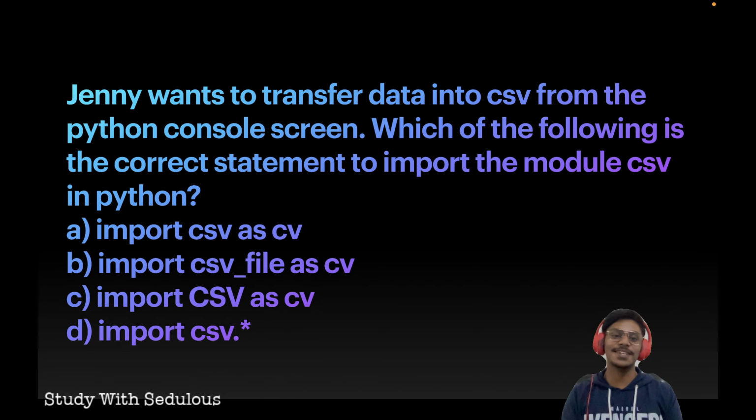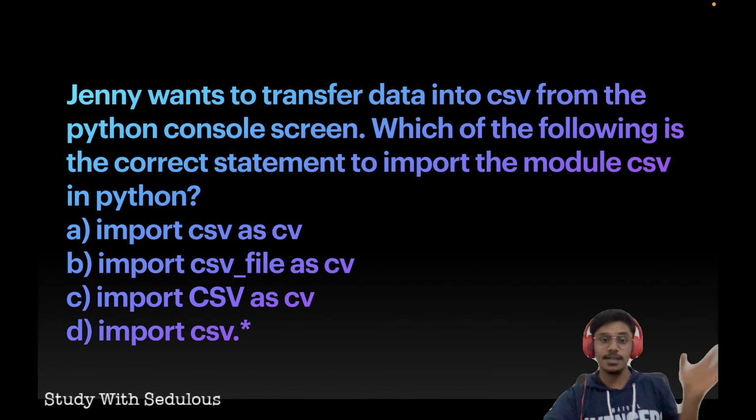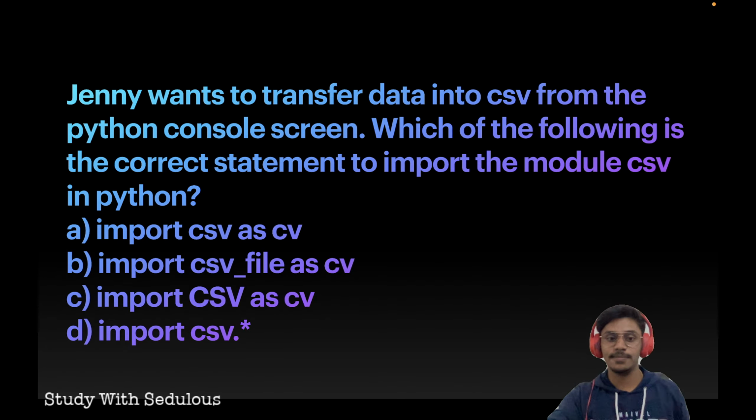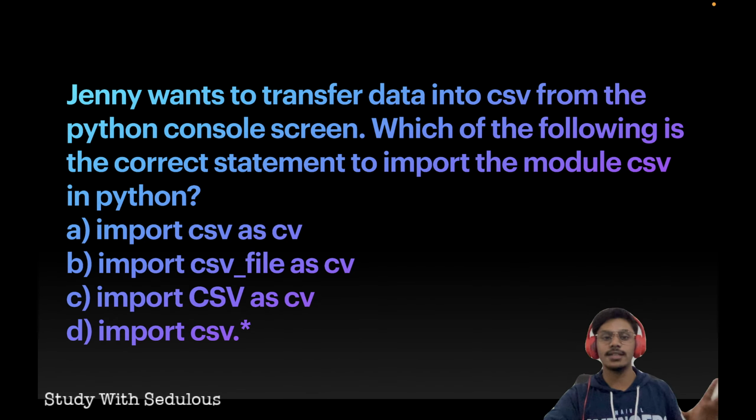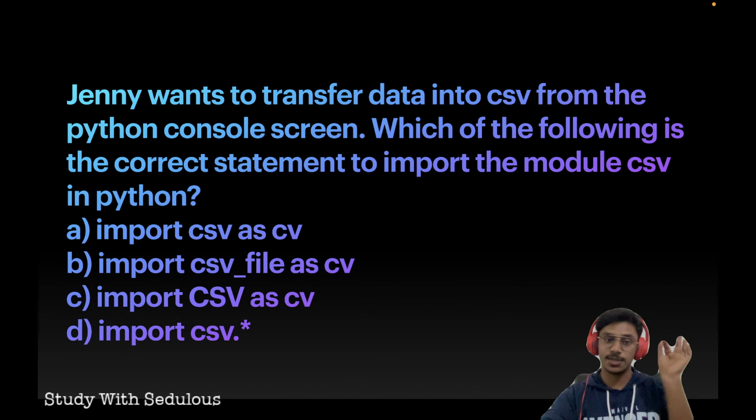It is small csv, because we have very few function names in Python which have capital letters, and that too only one letter capital. Just like True, False, those are some of the very few names in Python which have capital letters in them. So capital CSV is not at all a correct answer. Small case, lowercase csv.